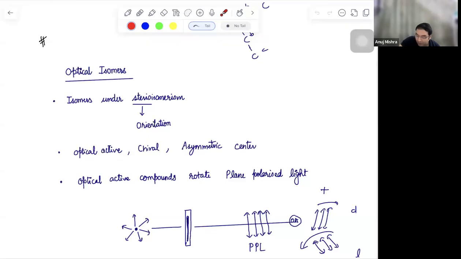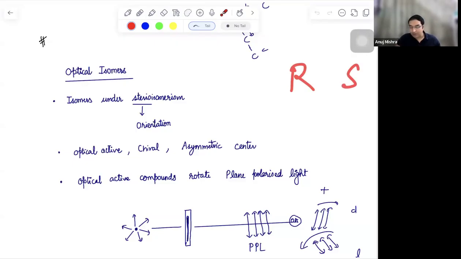Now, what is the purpose of optical active compound? It will rotate clockwise or anti-clockwise. It will tilt the PPL clockwise or anti-clockwise. If it is clockwise, this is called plus or D or dextro. If it is anti-clockwise, L or levo. So dextrorotatory or levorotatory. Positive or negative. Or what we have done in earlier classes, remember R and S?